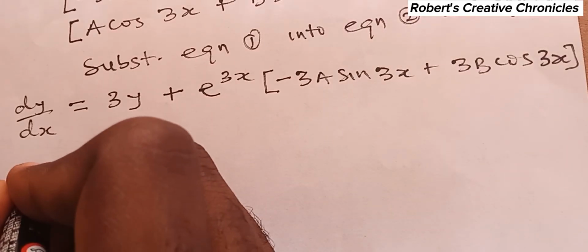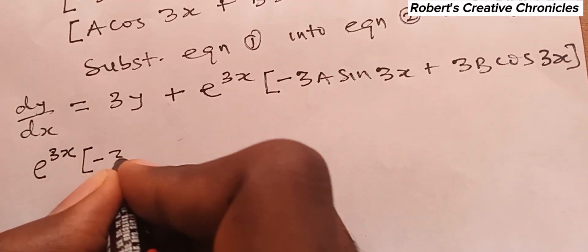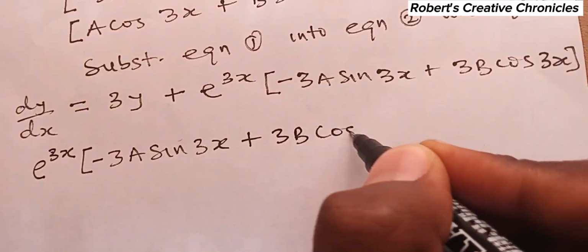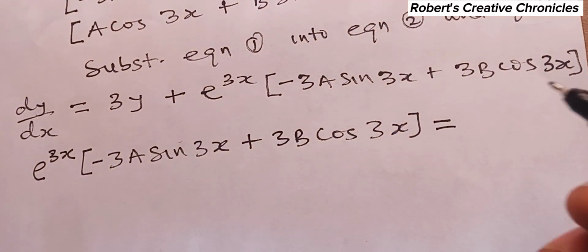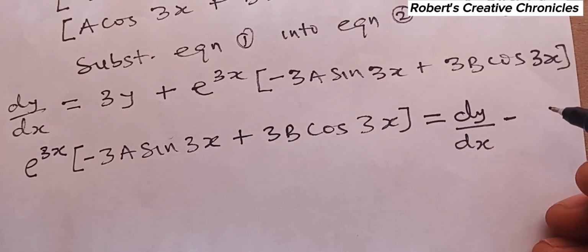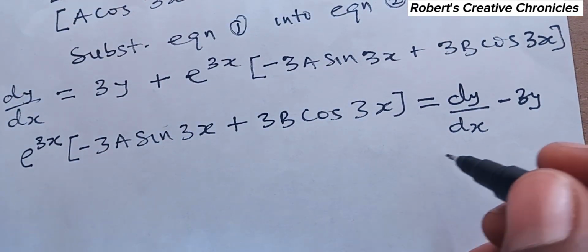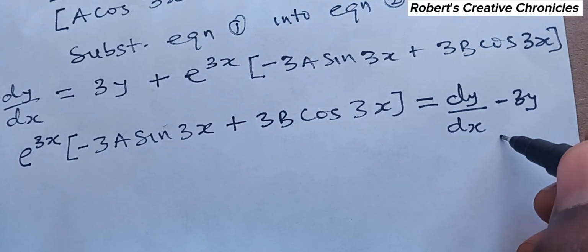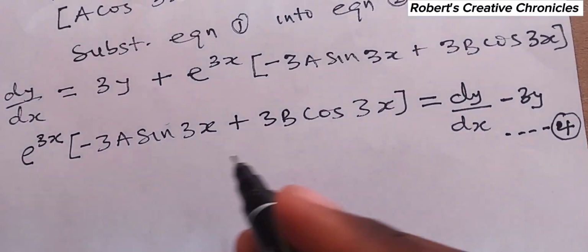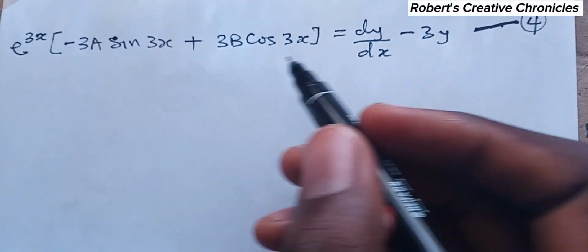So our equation becomes e^(3x)(minus 3a sin 3x plus 3b cos 3x) equals dy/dx minus 3y. So this one becomes our equation 4.